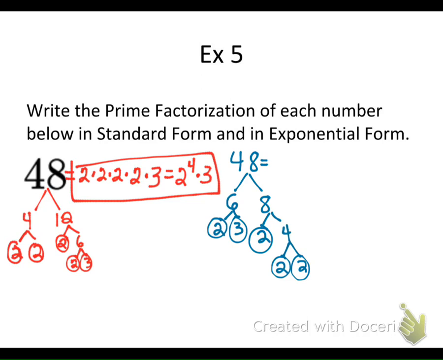That's going to be wrong. Yes, it is. So how am I going to write it? It's going to be 4 2s and 1 3. And then exponential form, how would I write it? 2 to the 4th power, times?